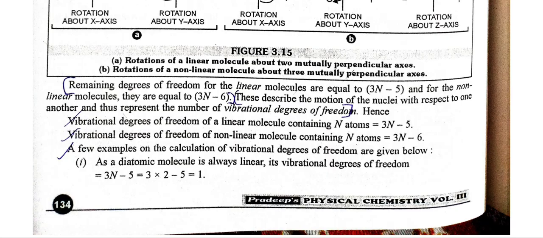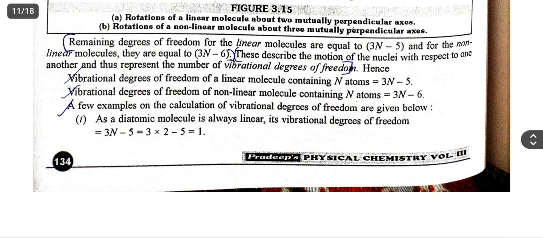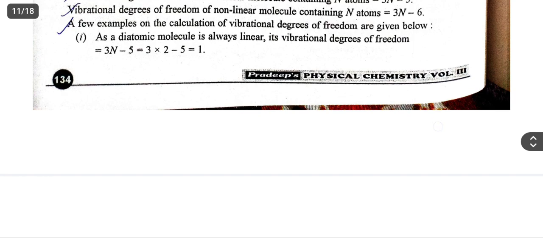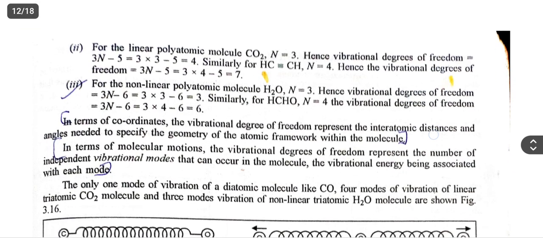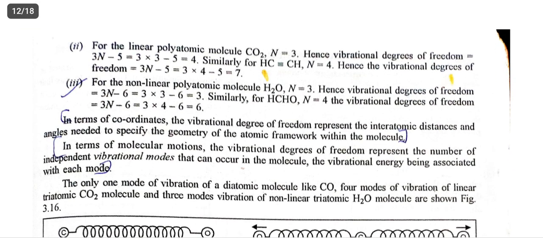A few examples on the calculation of vibrational degrees of freedom are given below. A diatomic molecule is always linear. Vibrational degree of freedom is 3n minus 5, that is 3 multiplied by 2 minus 5, 6 minus 5, equals 1. For linear polyatomic molecules such as CO2, n is equal to 3. Vibrational degrees of freedom is equal to 3n minus 5, 3 into 3, 9 minus 5, equals 4.